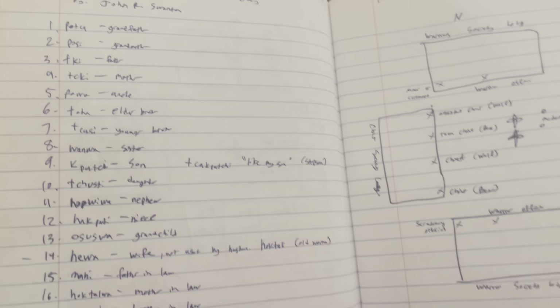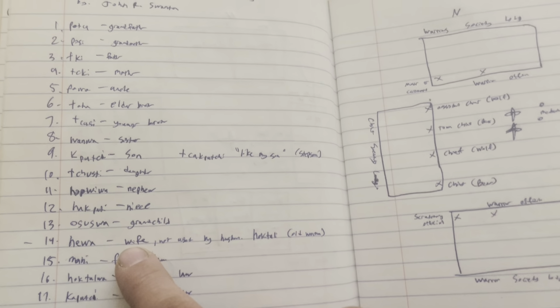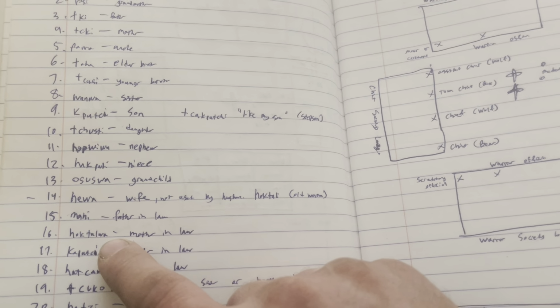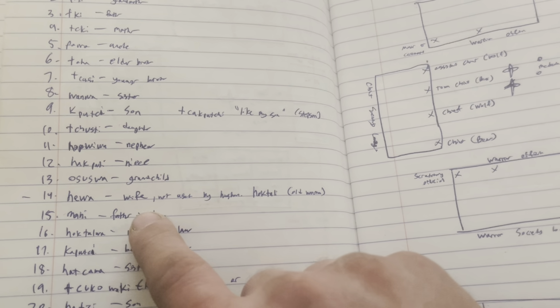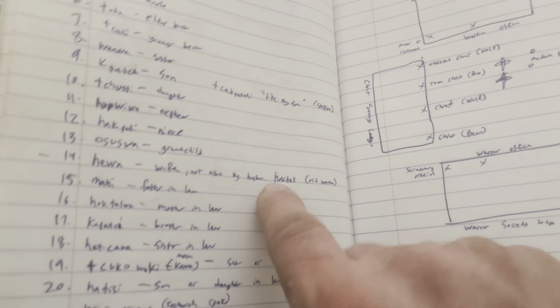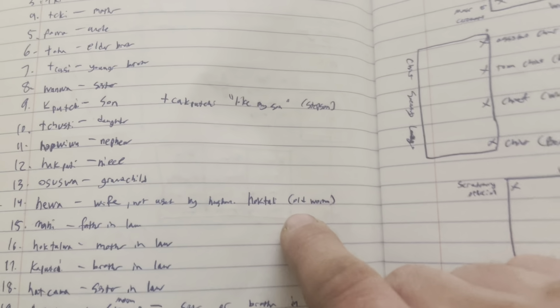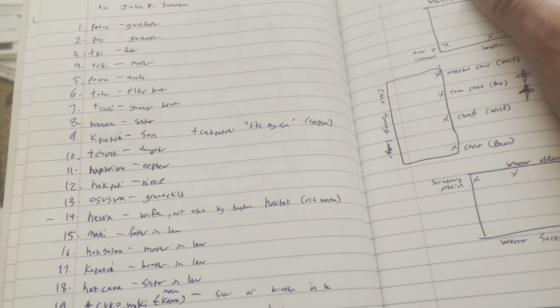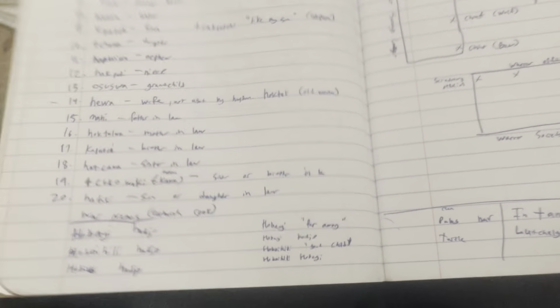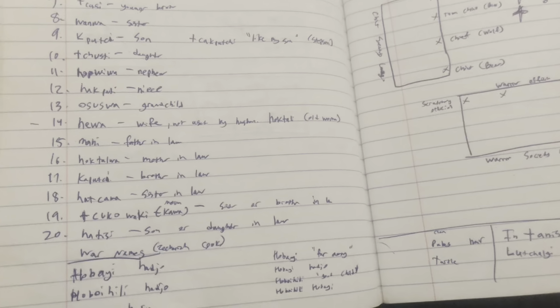Wanwa would be sister. Hiwa would be wife. Not used by husband. Hoktali means old woman. My understanding is that was what you call your wife, not to her face. Or yeah, I don't know. But you got war names.